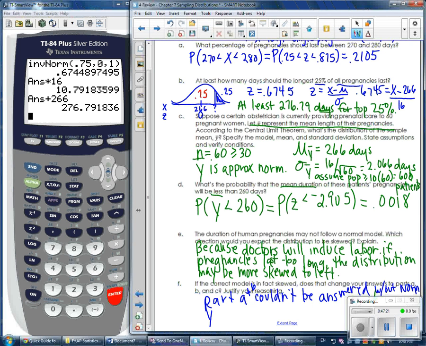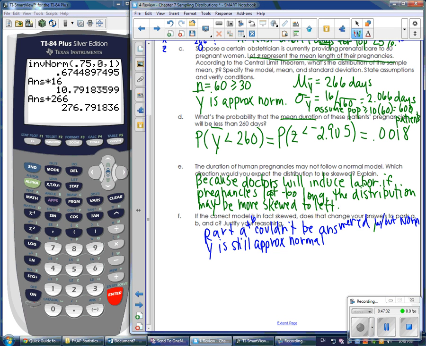So Y bar is still approximately normal because our sample is large. So answers to C and D would not be affected.